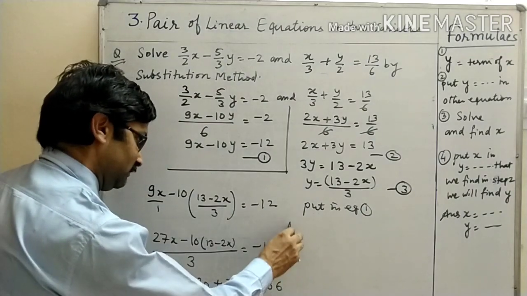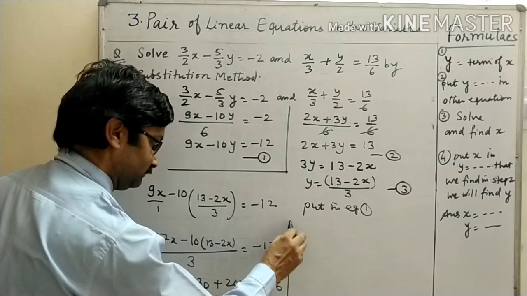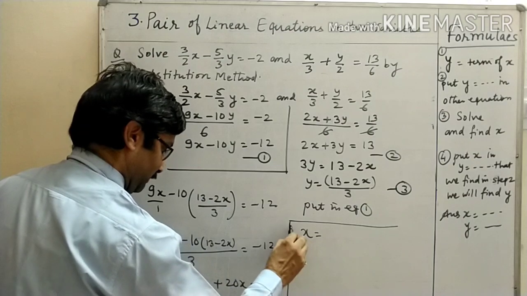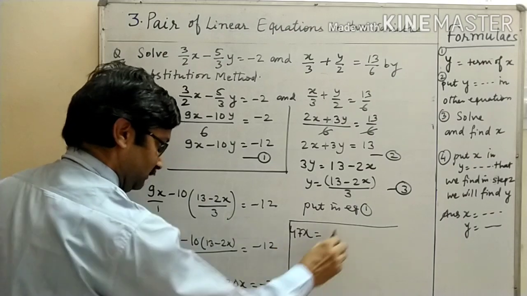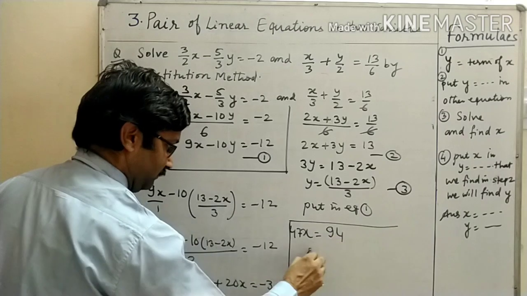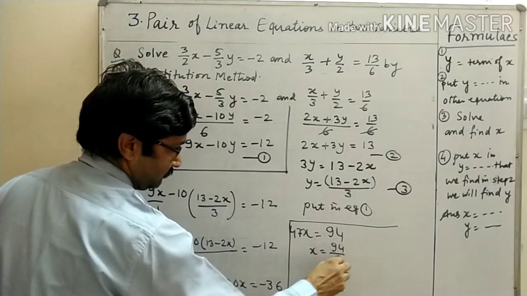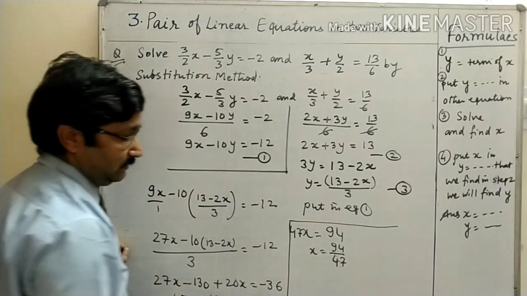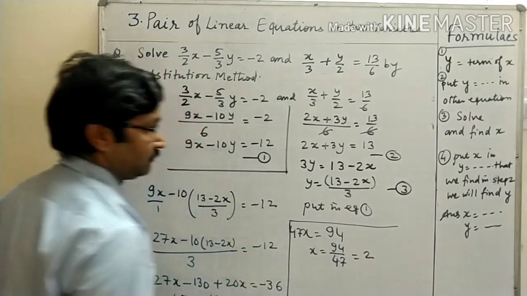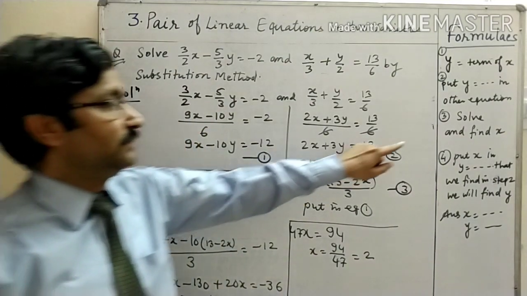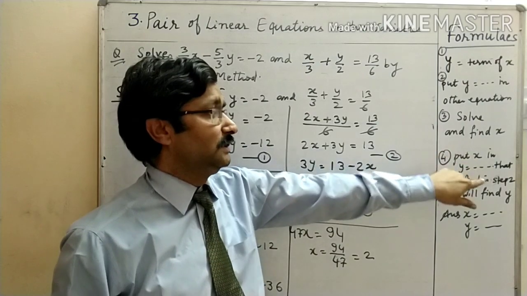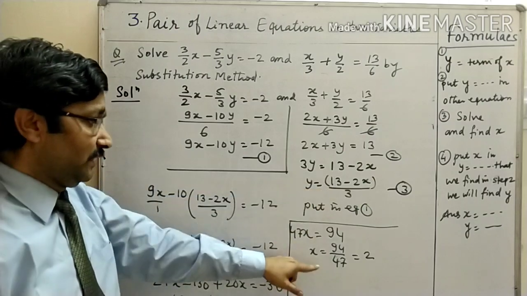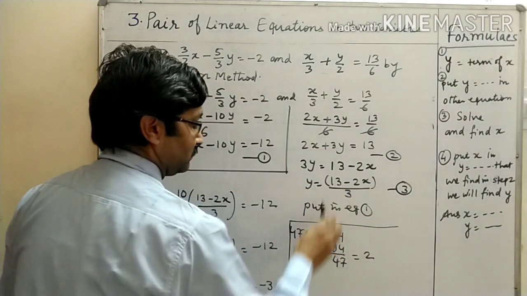So 47x equal to 94, and 94 divided by 47 is 2, so x equal to 2. Now we find x and then put x in the y equal to expression we have in equation 3.